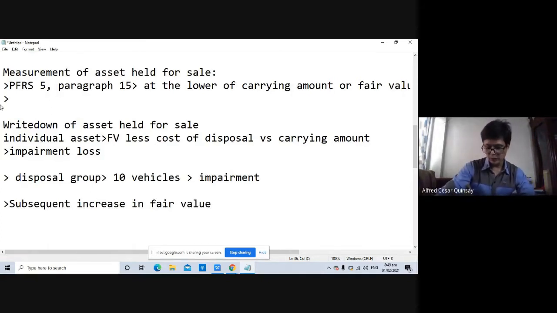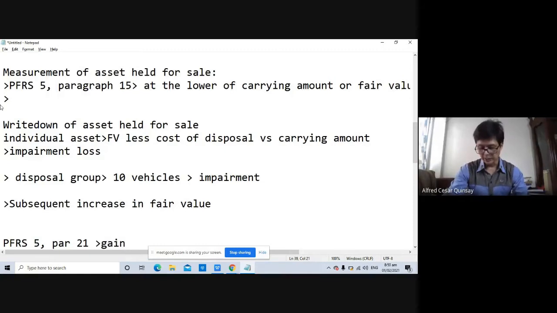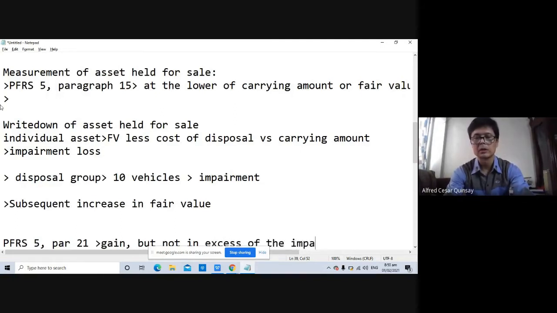So if subsequently there is an increase in fair value less cost of disposal, PFRS number 5, paragraph 21, provides that an entity shall recognize a gain, but not in excess of the impairment loss previously recognized.